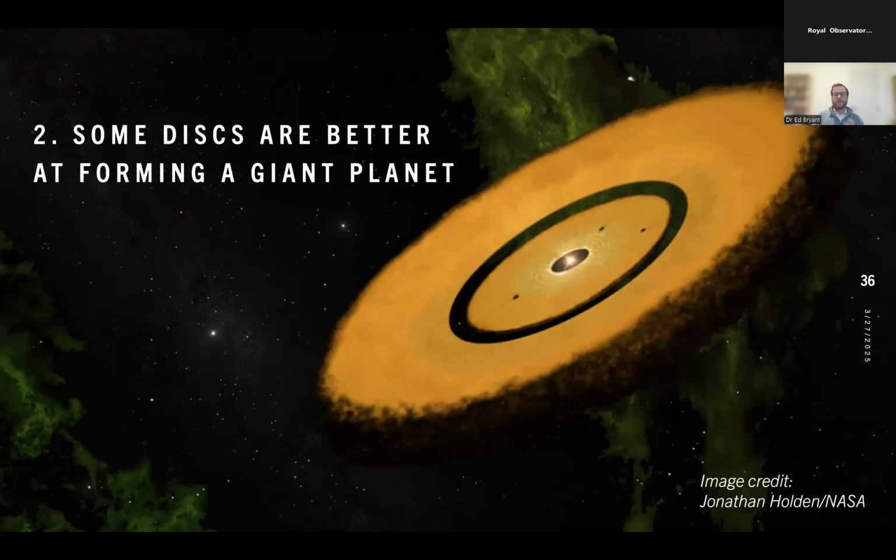But it could be that there are some disks that we haven't looked at yet that have a very particular and very special combination of characteristics. They could be slightly larger. They might have a higher proportion of rocky material to gas in them. They might live for slightly longer and so have more time to form the planet.